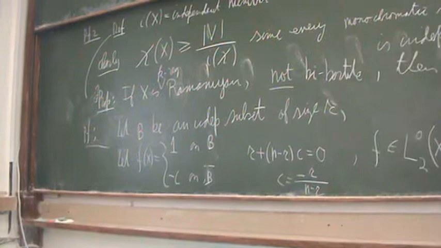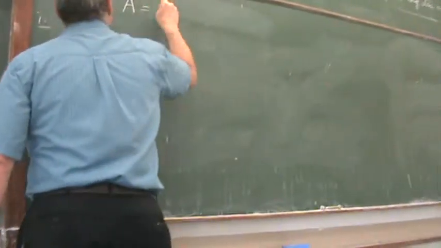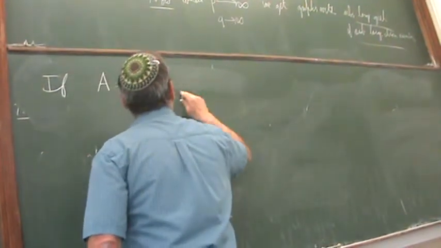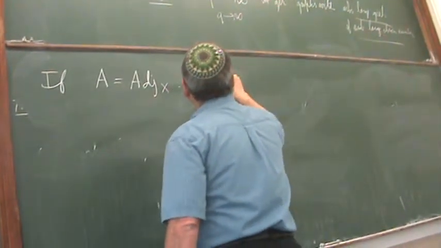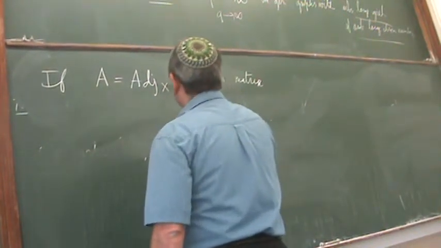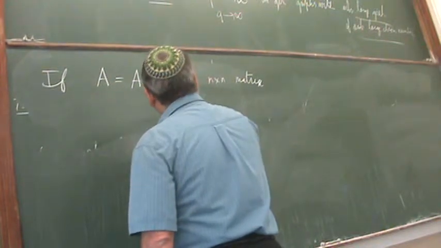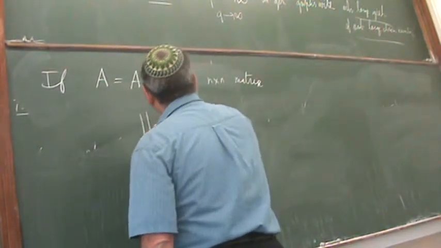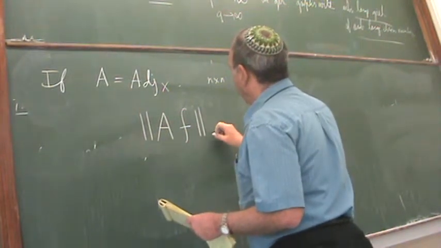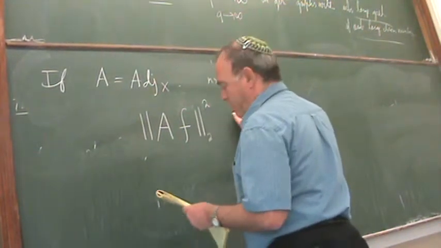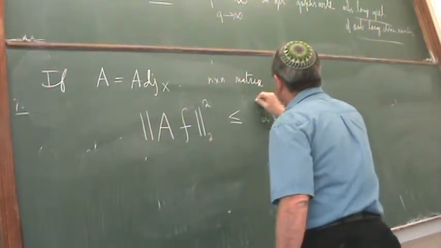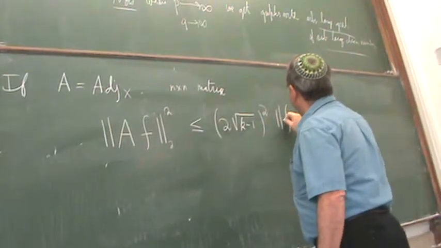So if A equals the adjacency matrix of X, this is the n by n matrix, then what do we know? We know that the L2 norm squared of A of F is at most (2 square root of k minus 1) squared times the norm squared of F.